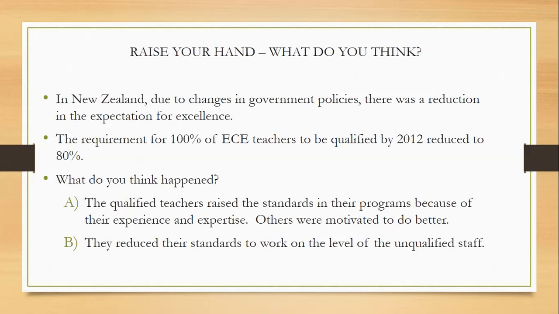Do they think that the qualified teachers raised the standards in their programs because they shared and role modeled their expertise? So because some had the credentials and the education, they were able to motivate the others, and therefore the staff improved. Or do they think B happened, where they reduced their standards to work on the level of the unqualified staff?